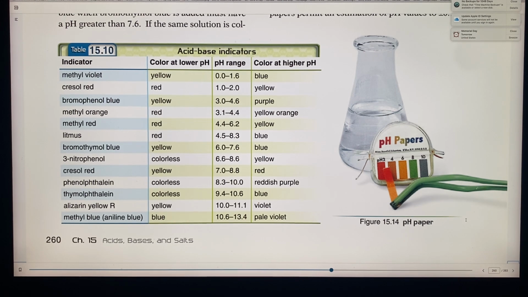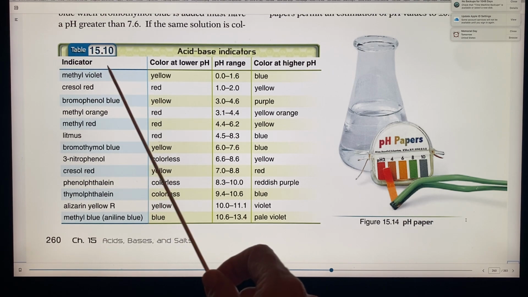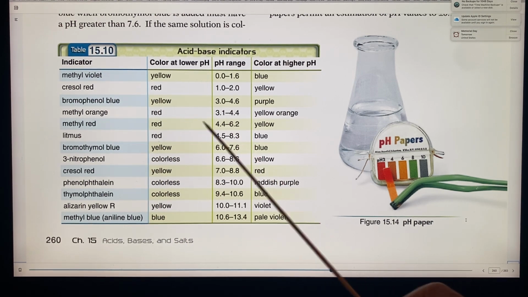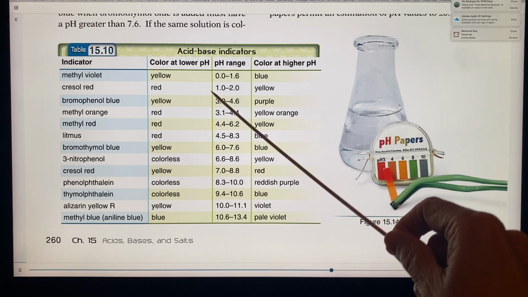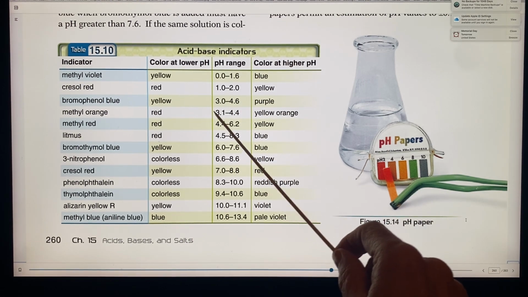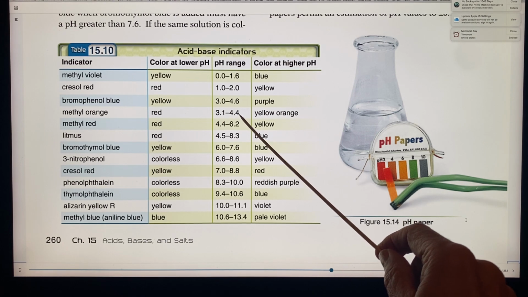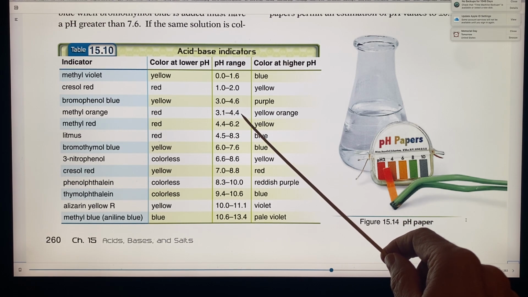But if you're using a different indicator, let's see, the methyl orange here. So we do the same thing. So if it is seawater, it's going to be 8.